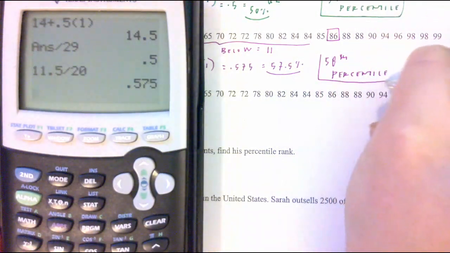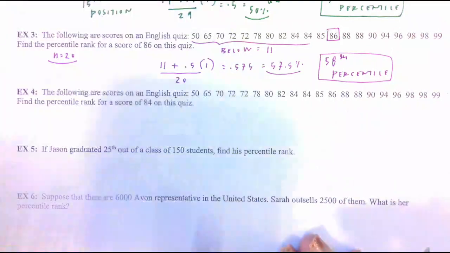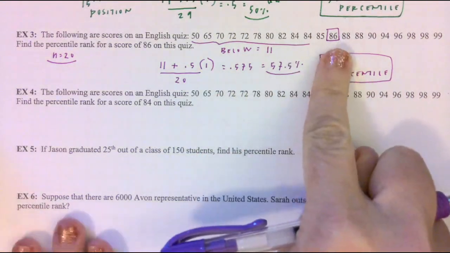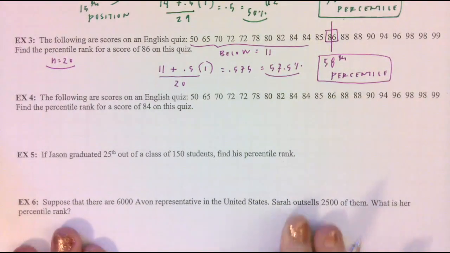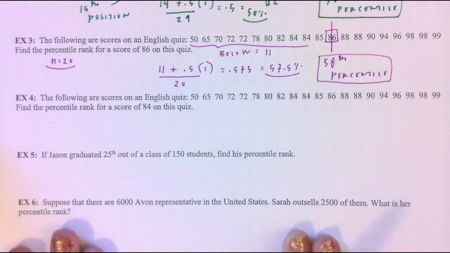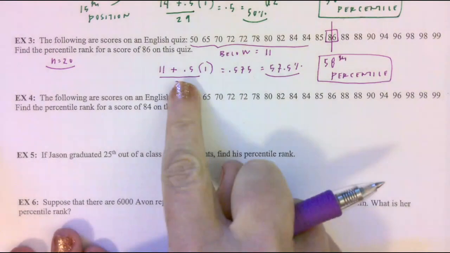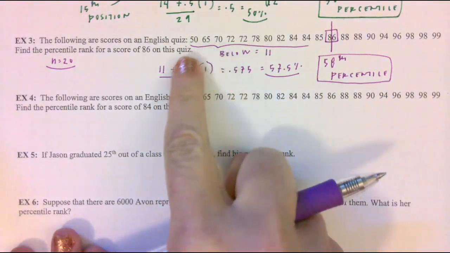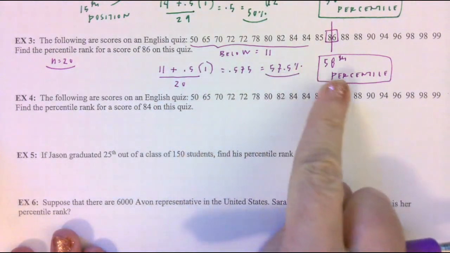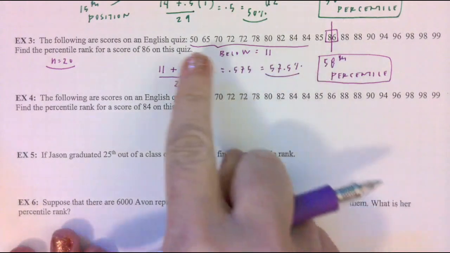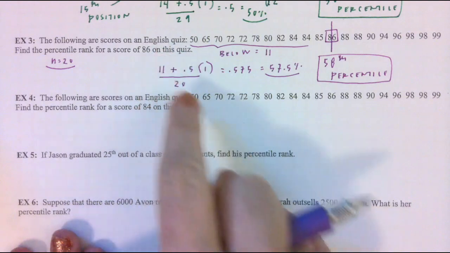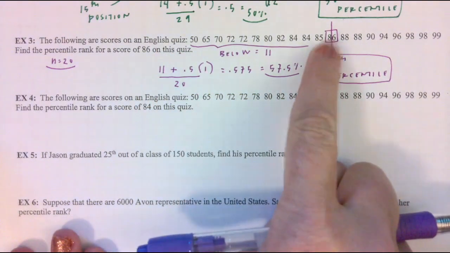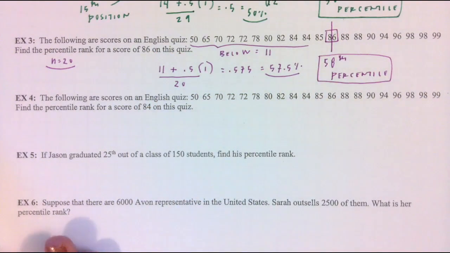What that calculation is doing, that 1 score that is 86, it's essentially splitting it up, making half of it go to the below and half of it go to the above. So we're saying that 58% of students who took this same English quiz got a score that was at or below a score of 86.